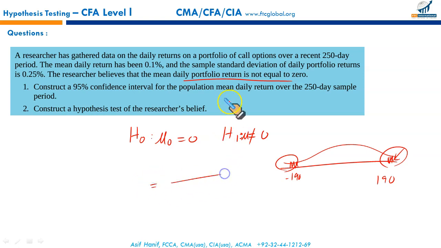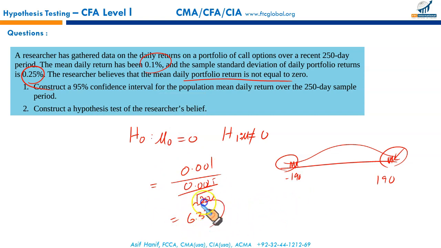So we have the mean daily return, that is 0.1%. If you remove the percentage sign, it's going to be 0.001 divided by the standard deviation, removing the percentage sign, 0.025, divided by the square root of the sample size. So when you simplify this, the result comes out to be 6.33.